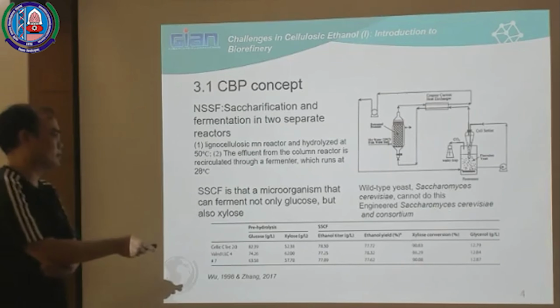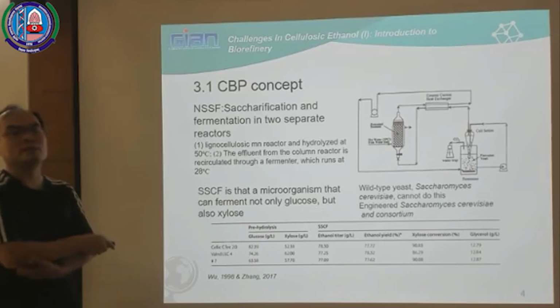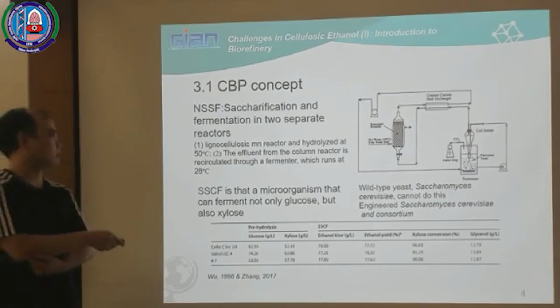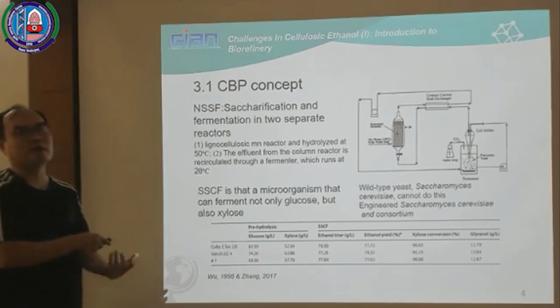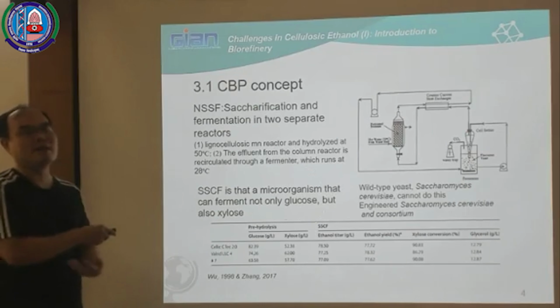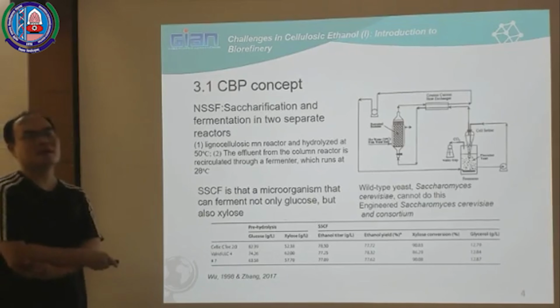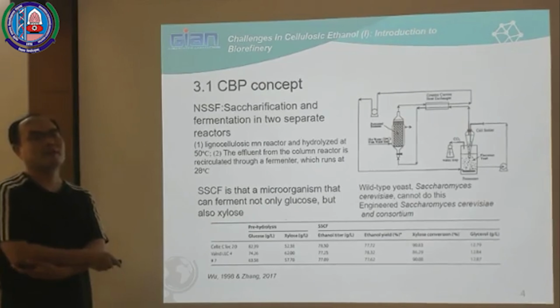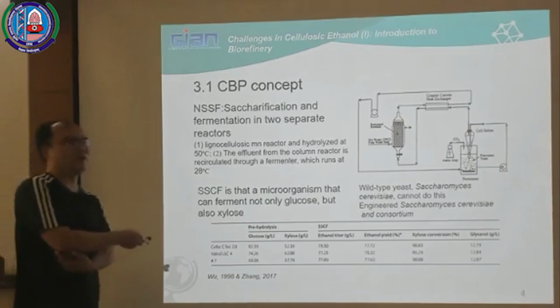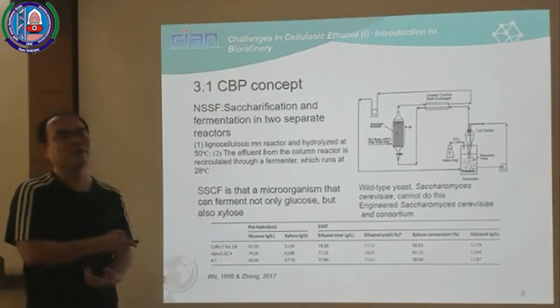They can only ferment simple sugars. So it is also called half or semi-CBP. Because in CBP we are adding enzymes also for cellulose degradation and xylan degradation.